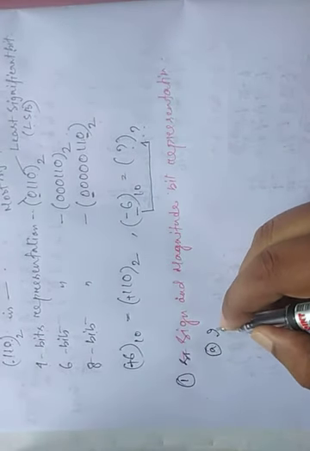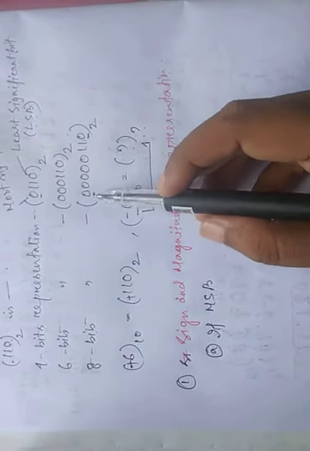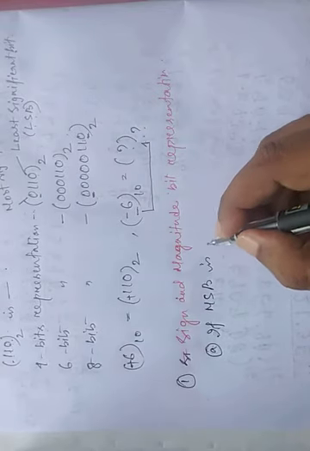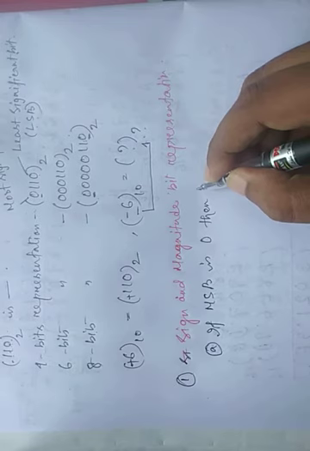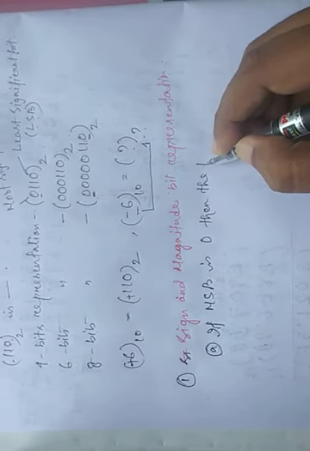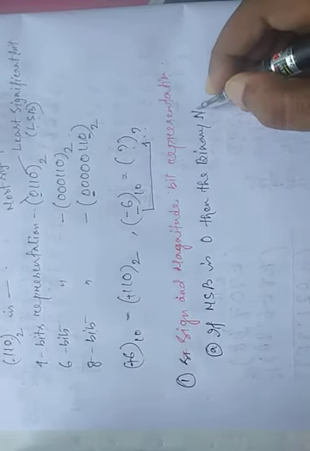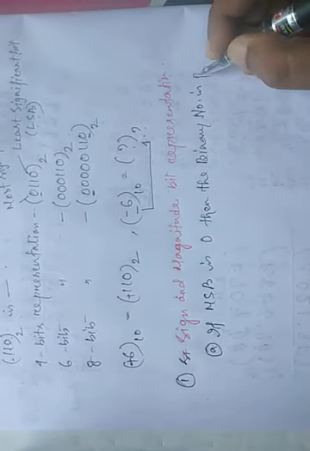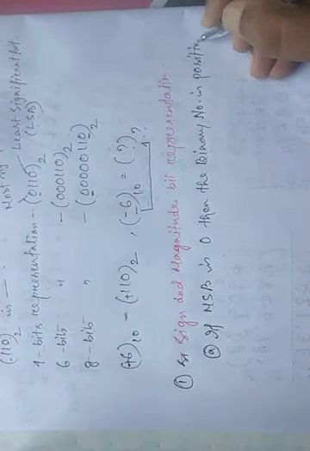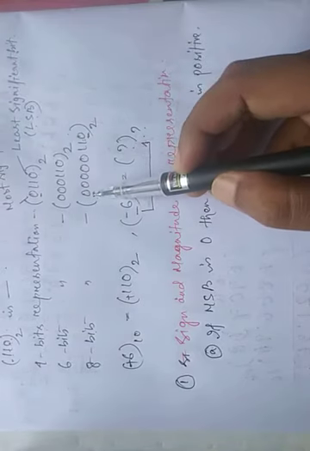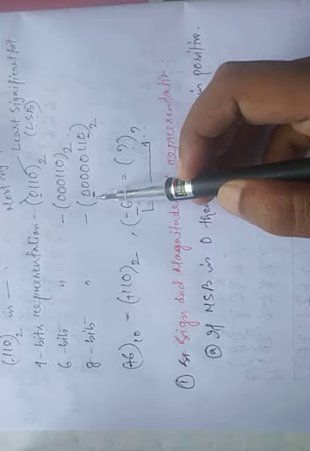One, if the MSB, that means the most significant bit, the left-hand side bit, is 0, then the binary number is positive. If the MSB of any binary number is 0, then the binary number is positive.